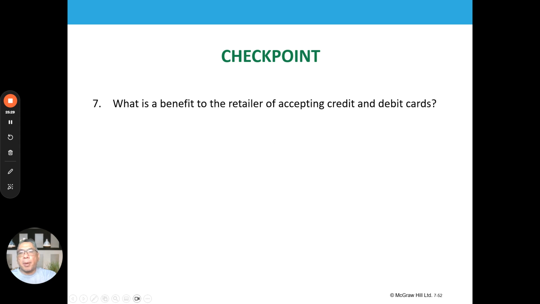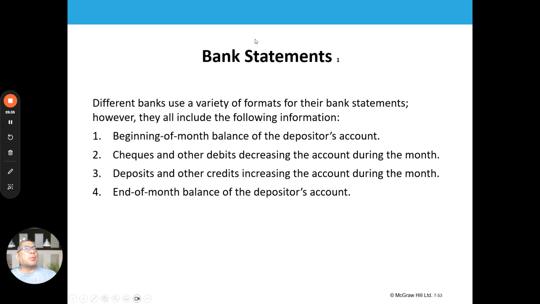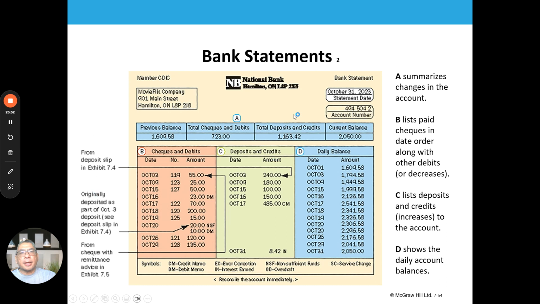Make sure the benefits are available to retailers. Bank statements: different banks use different formats. There's always the beginning balance, and then checks and other debits decreasing the amount during the month, deposits and other credits increasing the account during the month, and the ending balance. What we're going to do is look at an example of a bank statement.